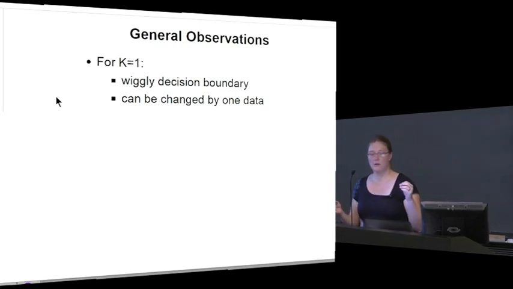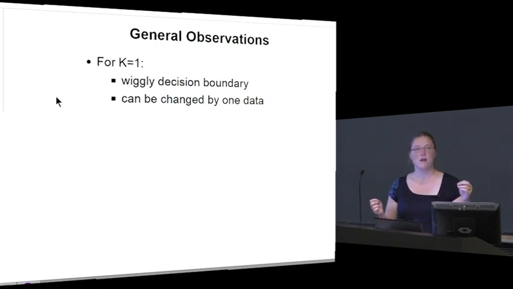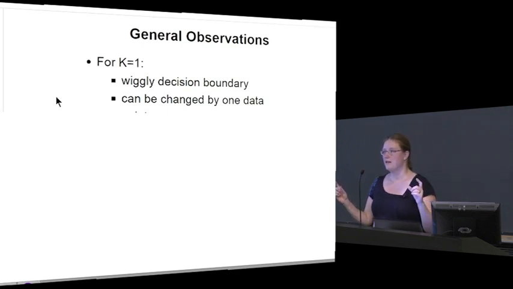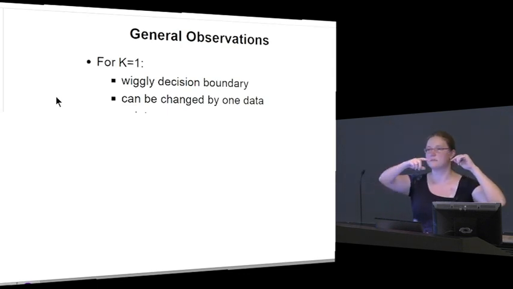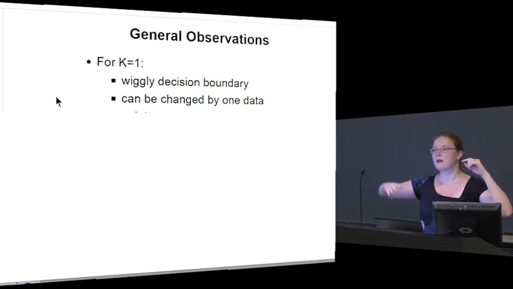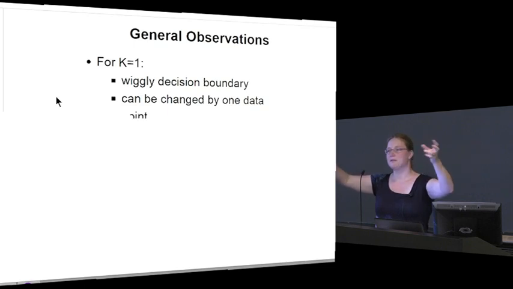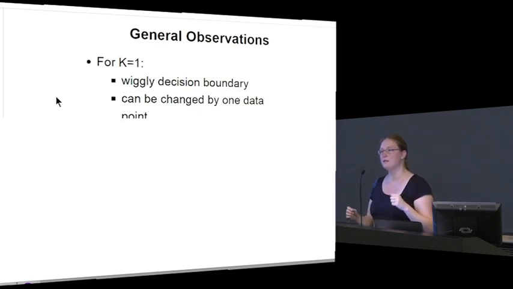And I think we're going to talk about this later, but there's something called variance and bias trade-off for classifiers. If K is small, you have a high variance in that decision boundary, right? I just want you to have first glimpse at this concept. So it wiggles around a lot, and you can think if I have different random subsamples of my data, this decision boundary is going to change quite a bit, right?